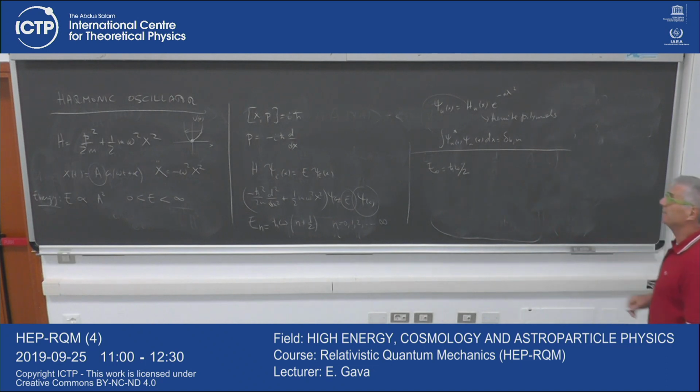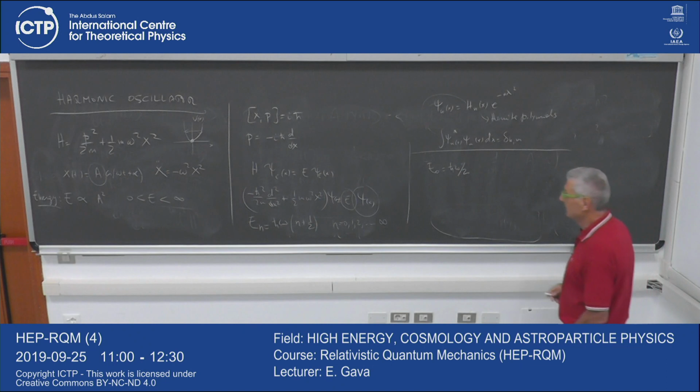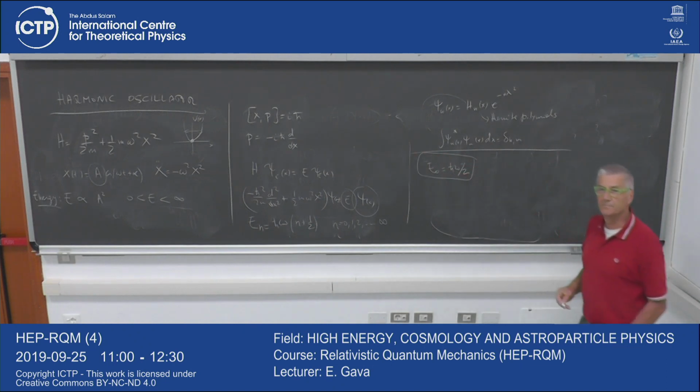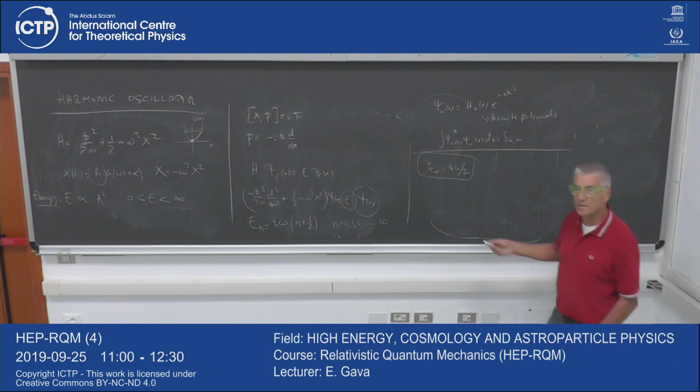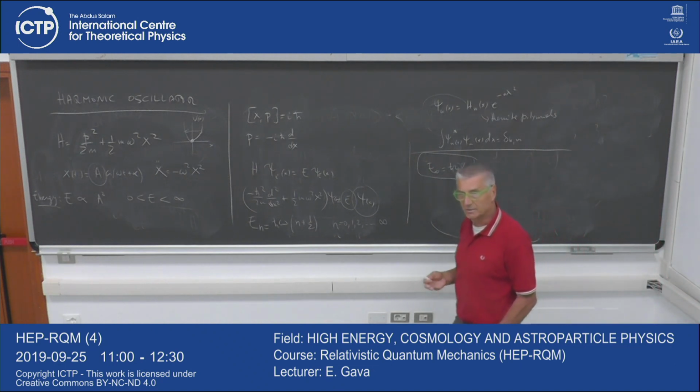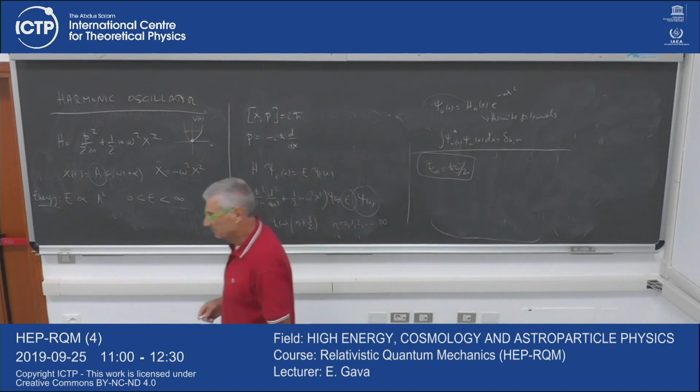So this is the feature of the quantum version. The ground state is not zero energy, but it is given by some non-zero energy, which depends on h bar and the frequency of the oscillator, right? These are the features of the quantum case.